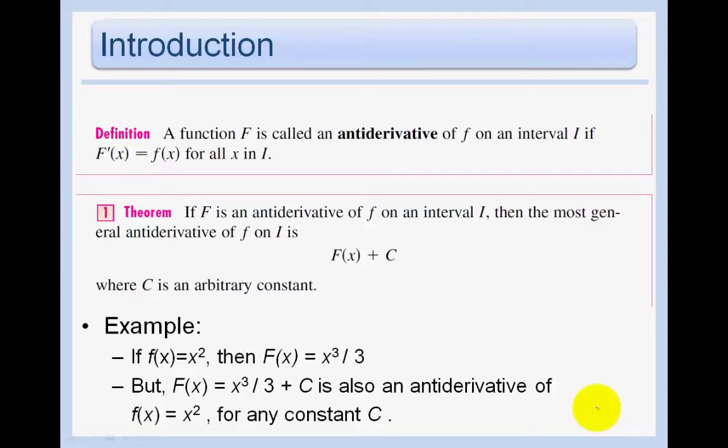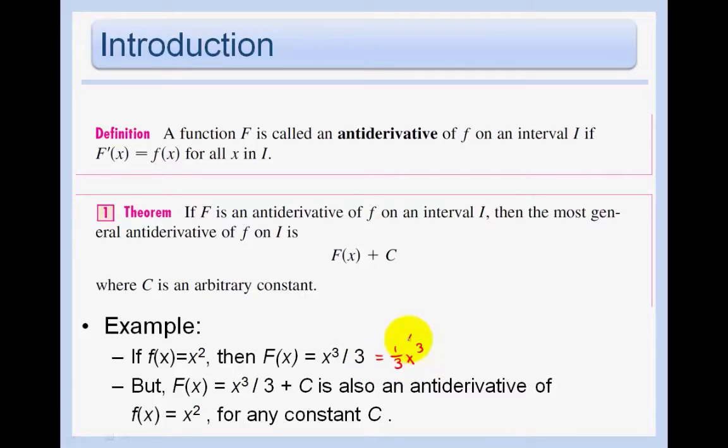This is saying if our function is x squared, then if we go backwards and instead of trying to find the derivative, we try and find the antiderivative, we might think that the answer would be 1/3 x cubed.